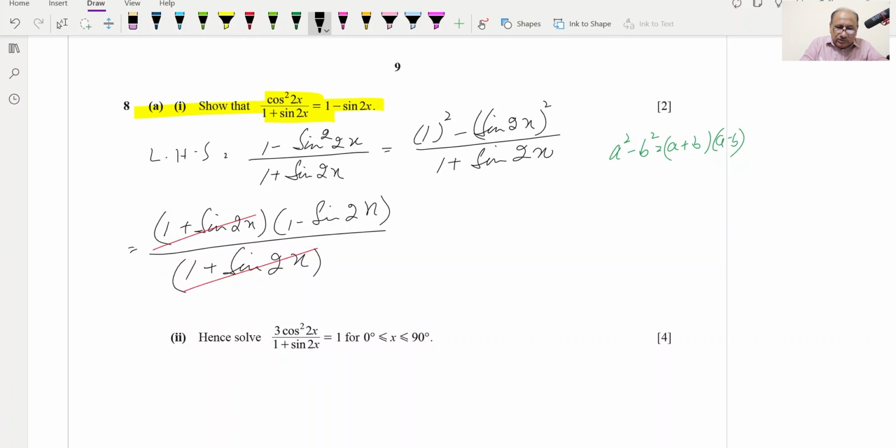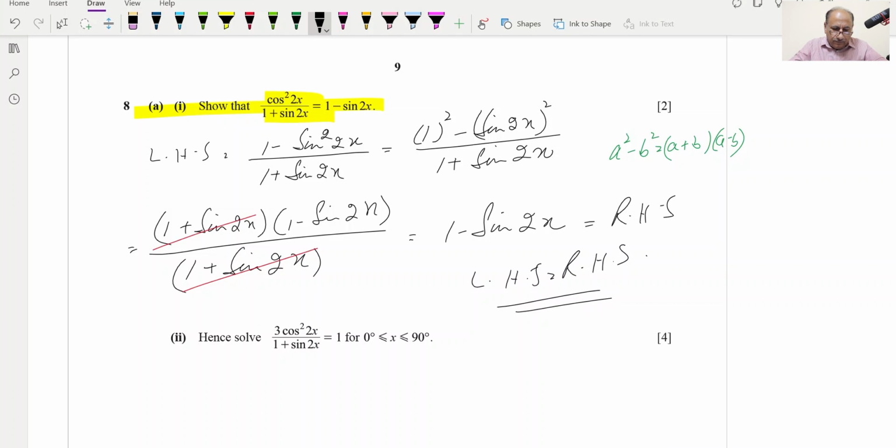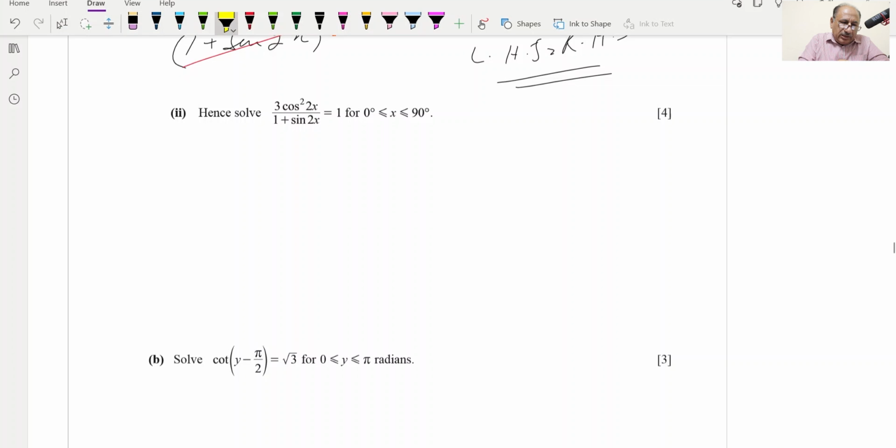The answer will be 1 minus sine 2x, which is equal to the right hand side. So left hand side is equal to right hand side. Hence this is done. We have proved this. Second part, solve this equal to 1 from 0 to 90.